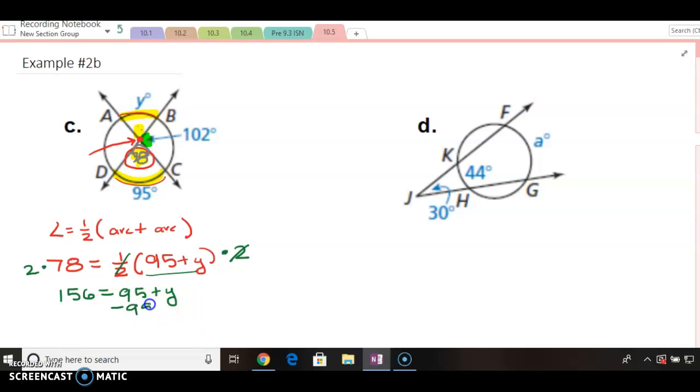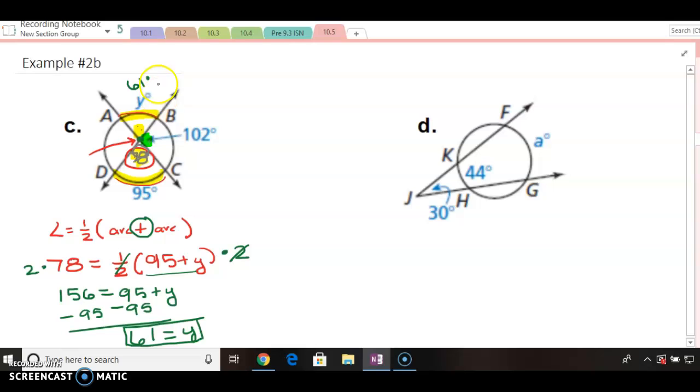So subtract 95, subtract 95, you'd be left with 61 equals y. Okay, so this here would be 61 degrees. And once again, we add these because it intersects at the inside of the circle.